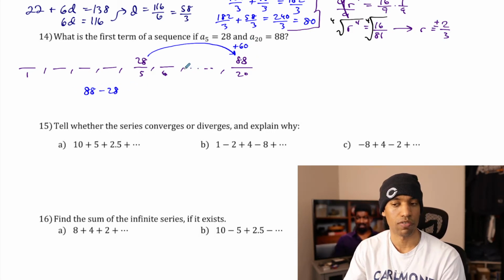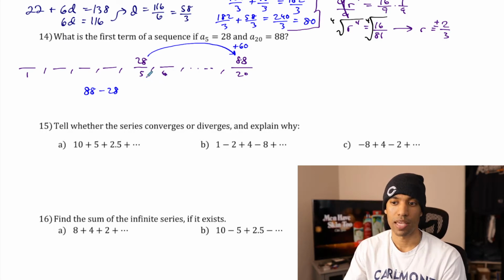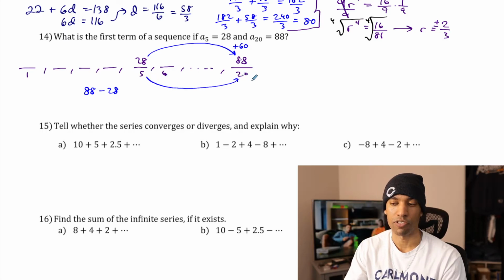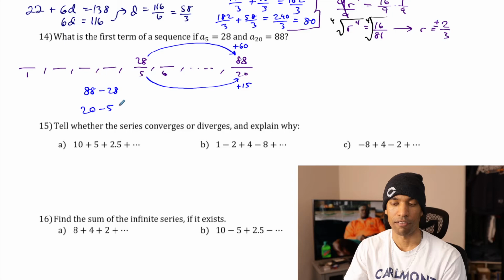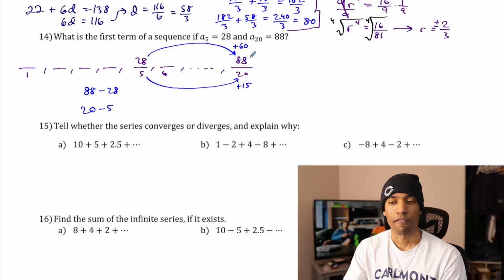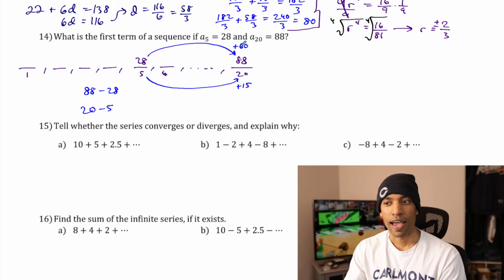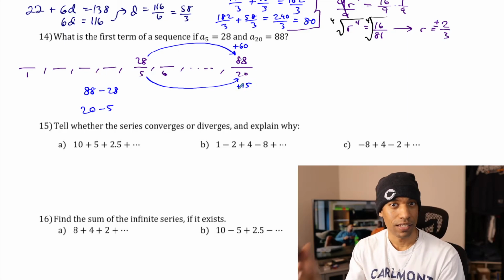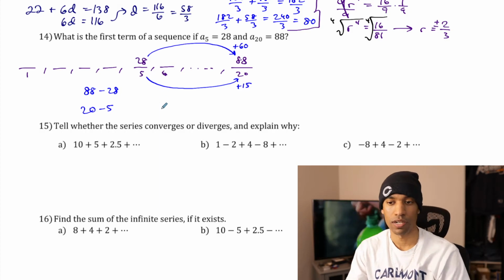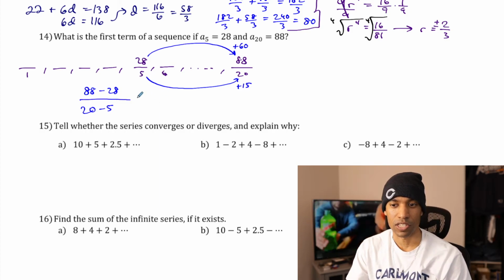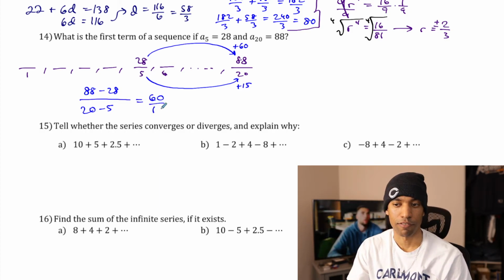The number of terms that have elapsed from 5 to 20 was 15 terms total because that is 20 minus 5. If I added 60 over 15 iterations of that addition, how much did I add per iteration? You take the 60 and divide it by 15.